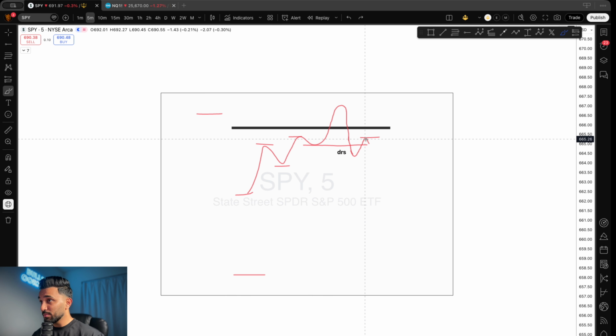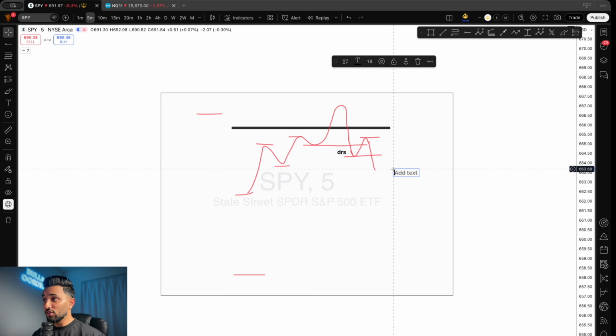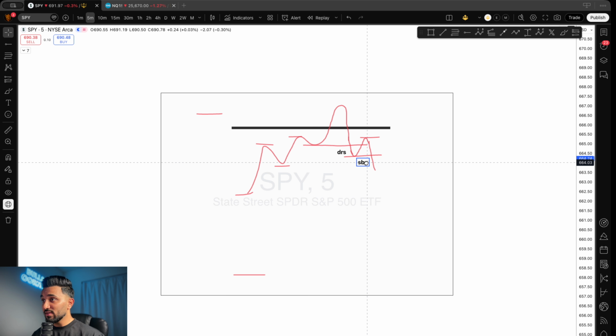So the third step is I want to see price breaking below this lower low again, which price recently formed, and that break is going to confirm our structure break point, which I call SBP. Once price breaks below this DRS low, which is this right here, it is confirmed to me that sellers are completely in control.